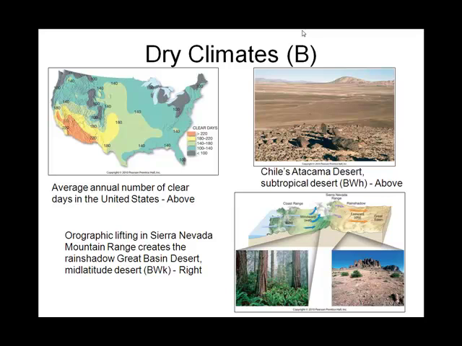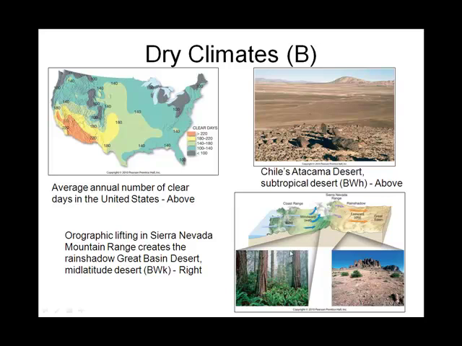Okay, so I have just a few photos. This one is specifically a B-type, a BWH, subtropical desert. This one right here is actually in one of Chile's deserts, and to me it really looks like the planet Mars.